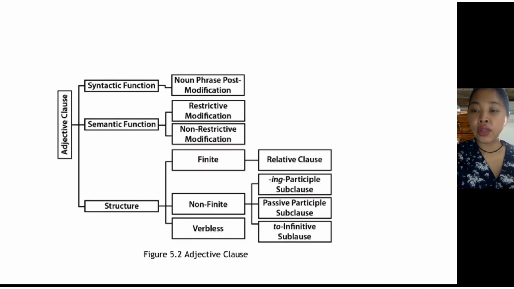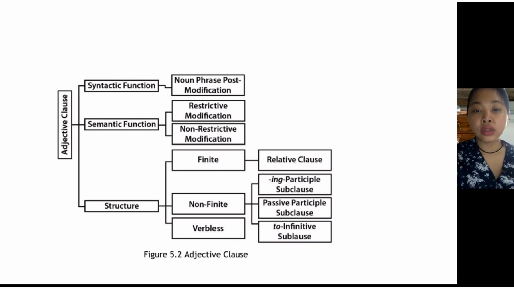Okay, for the conclusion, we can see here, adjective clause has a syntactic function, which is noun phrase post modification, and the semantic function is restrictive modification and non-restrictive modification.